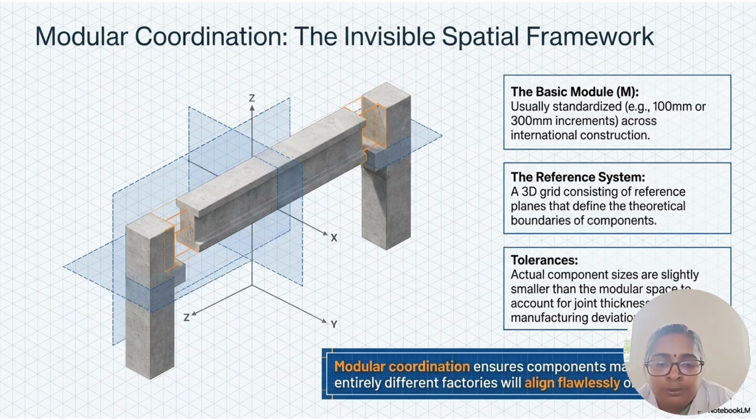It is used to define the boundaries of the components, and actual component sizes are given some tolerances to account for joint thicknesses. Modular coordination assures you that even if the components are from different factories, they will align flawlessly for a particular structural component.